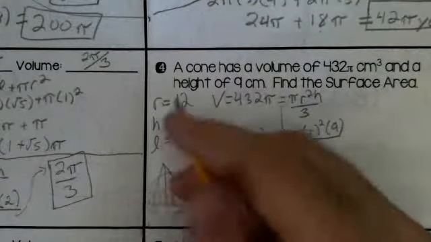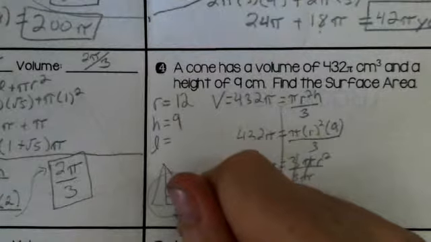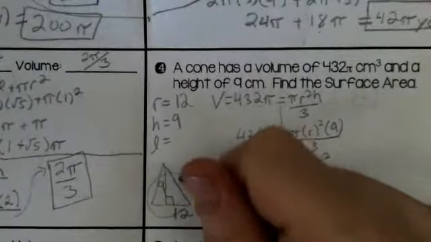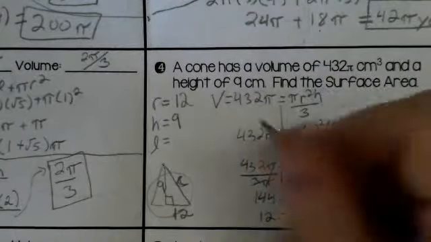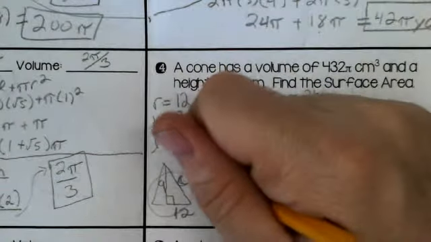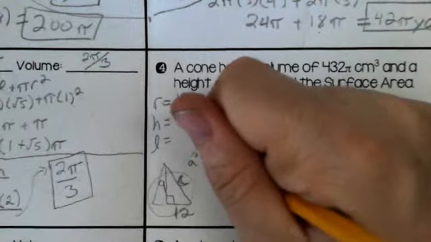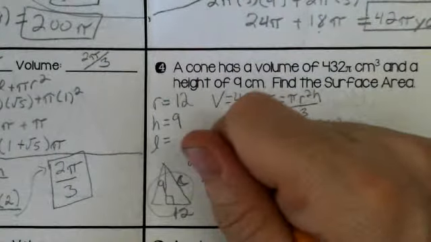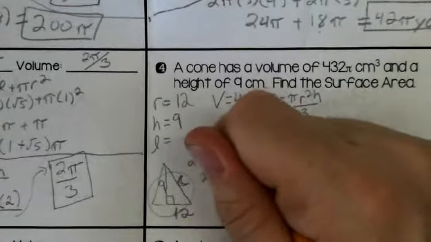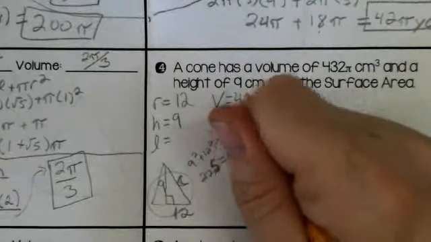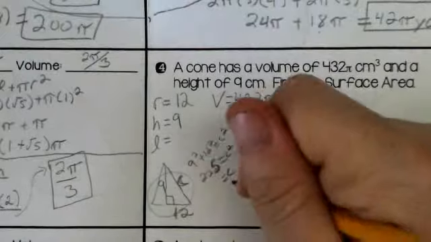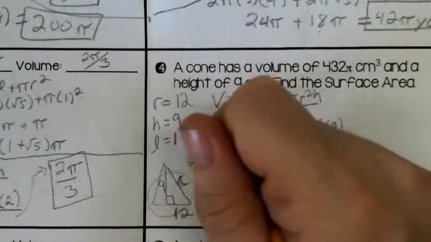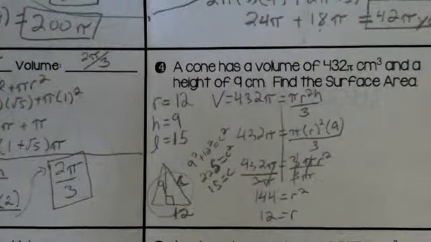And I know that this is a radius of 12, a height of 9, and I'm trying to figure out what this is. So 9 squared plus 12 squared equals c squared. 225 is c squared, which means that c equals 15. So my slant height is 15.